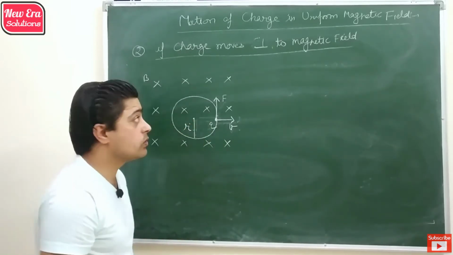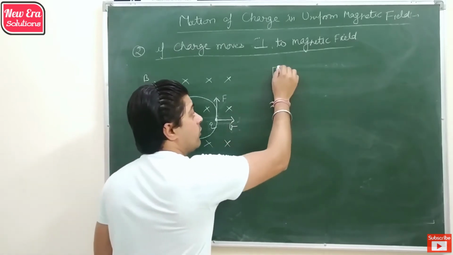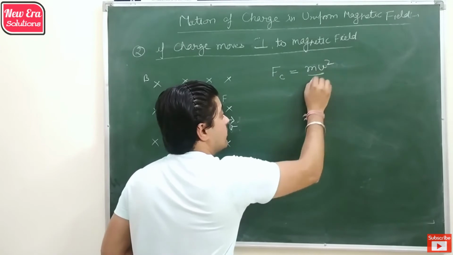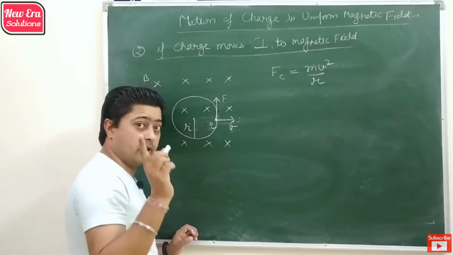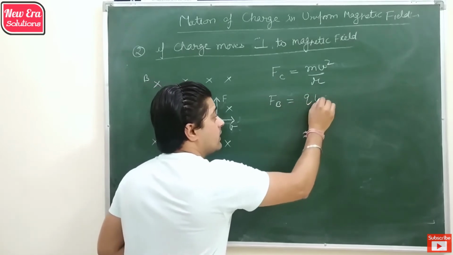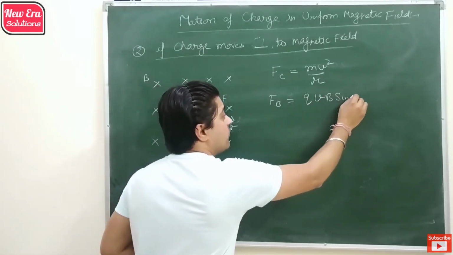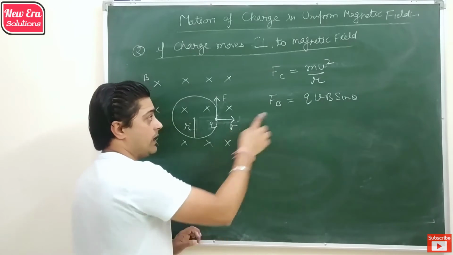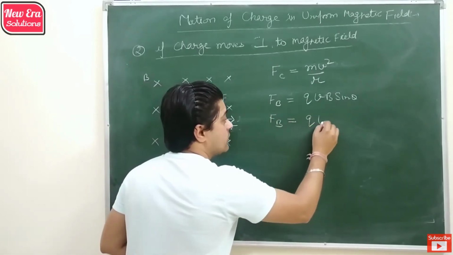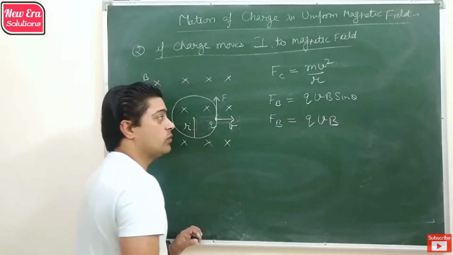If you want to find the radius of the circular path, then we can use the concept of centripetal force, which is essential for circular motion, and that centripetal force is provided to the charge by the magnetic force. As we know, the angle between velocity and magnetic field is 90 degrees, so the magnetic force is QVB.